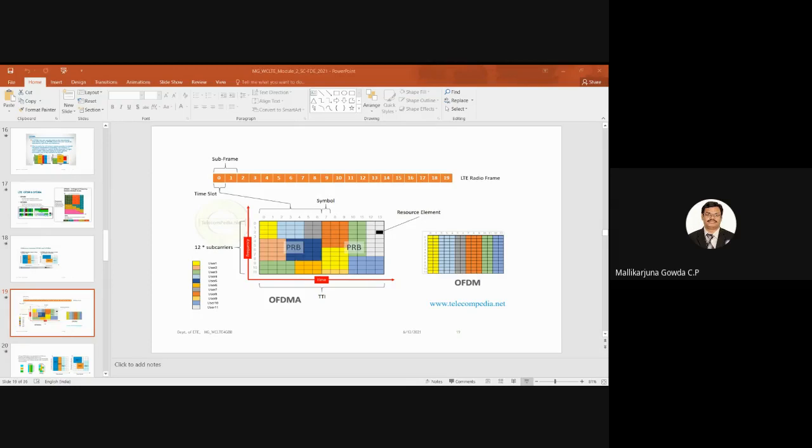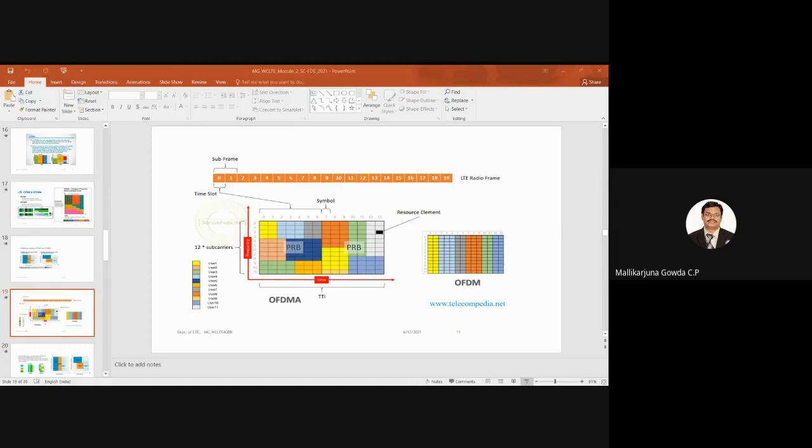Here it is 0 to 20, means there are 20 time slots. 2 time slots is one subframe. The duration of one subframe will be 1 millisecond. So 10 subframes equal 10 milliseconds. So one frame duration will be 10 milliseconds.